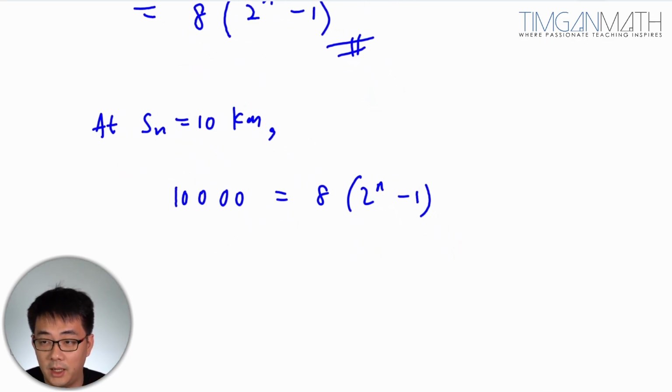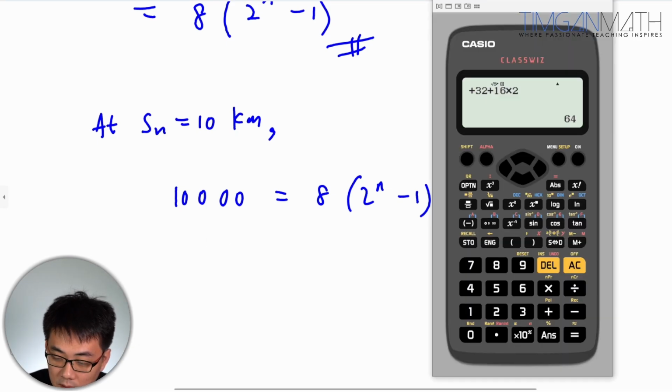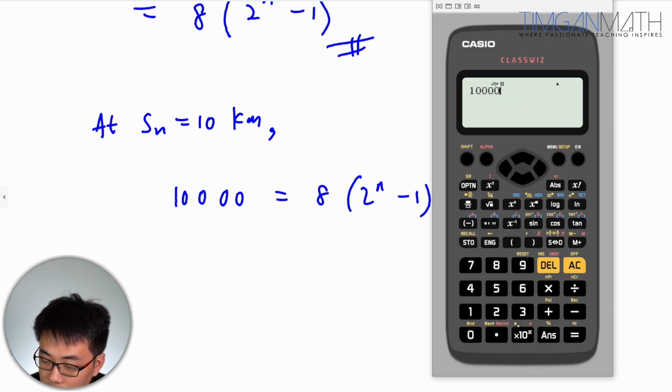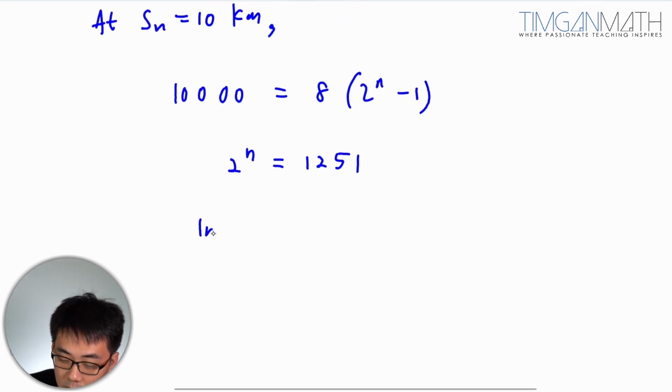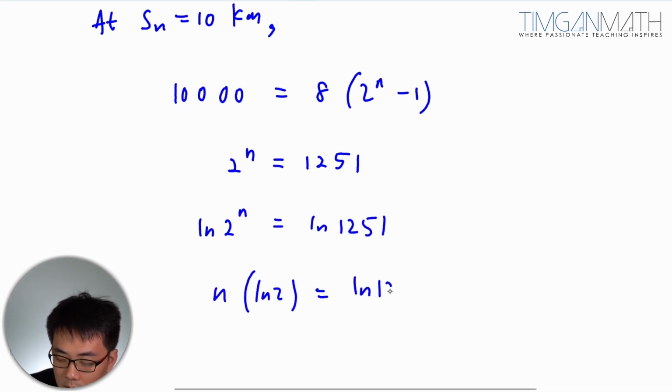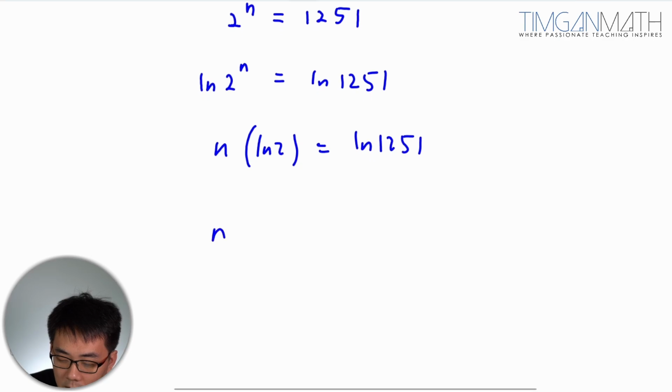And I'm going to find out what n is. So 10,000 divided by 8, plus 1, gives 2 to the power of n equals 1251. After which we take ln of both sides, so n ln 2 equals ln 1251.